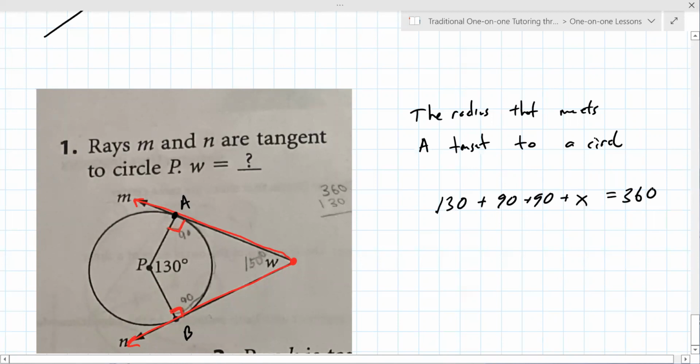Yeah, 360. So if I have 310 and I need 50 more for W, W would be 50 degrees, I'm pretty sure. Yes. But that's just because it's a kite, I'm going up to that number. What if I'm just trying to get a triangle?